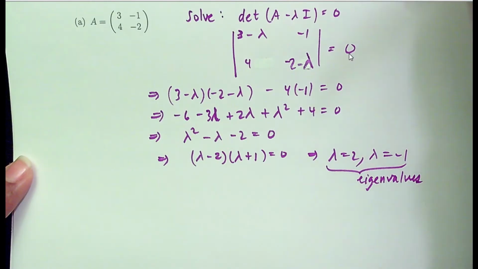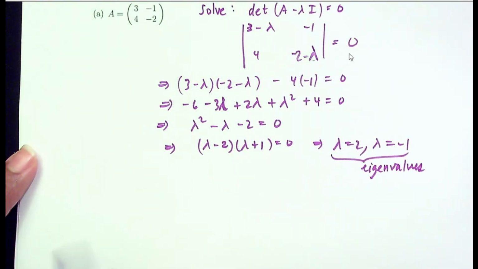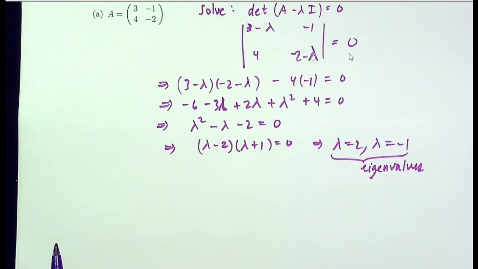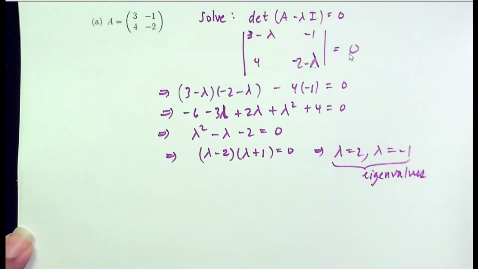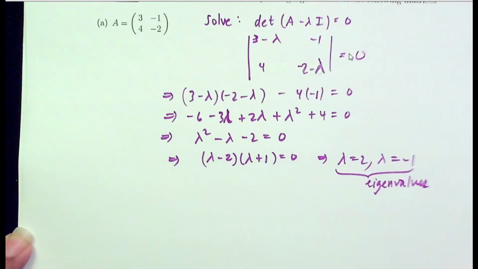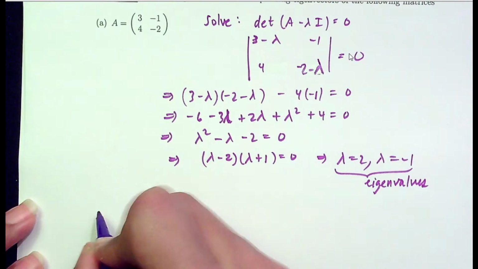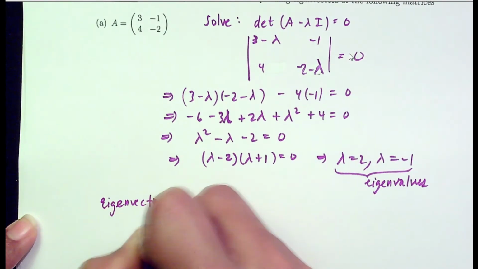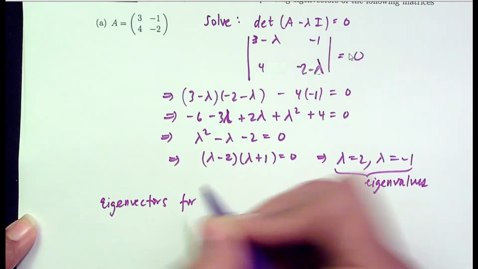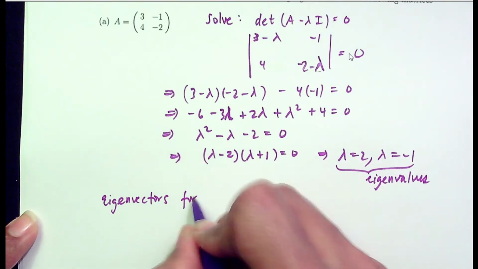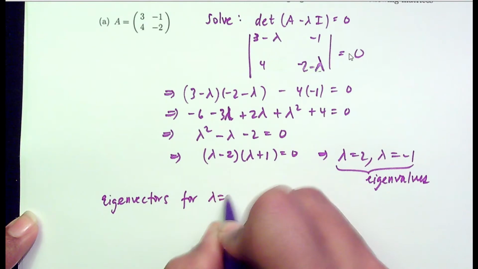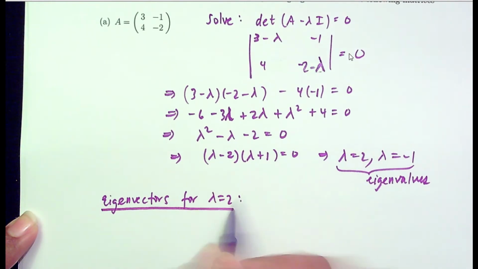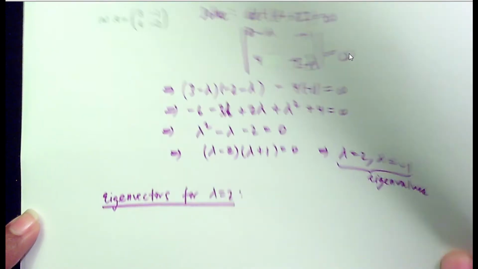Now we want to figure out what are the corresponding eigenvectors for these eigenvalues. Let's start with the eigenvectors for lambda equals 2.